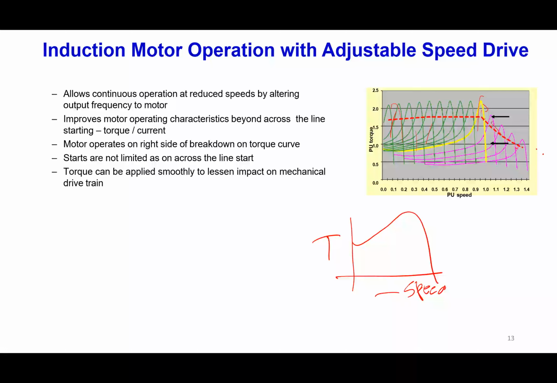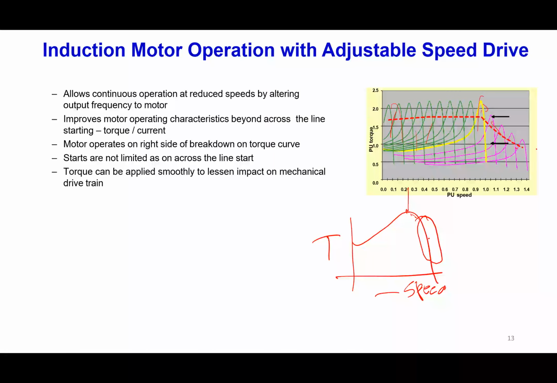So the speed is controlled by controlling the frequency of the applied voltage. Generally, we operate the induction motor in this region, to the left of what is called the pull-out torque.